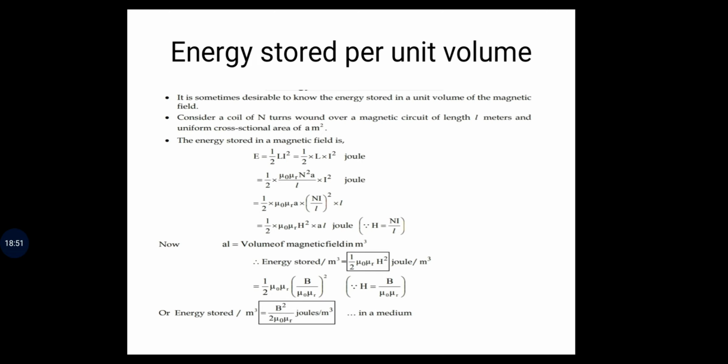That equals half of mu naught mu r into B by mu naught mu r whole square, which equals B square by 2 mu naught mu r joules per meter cube.